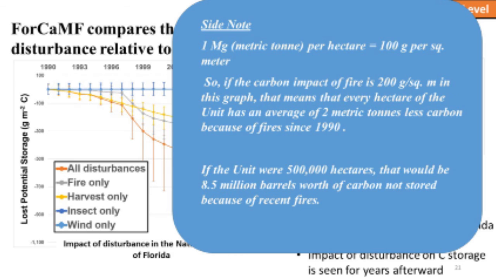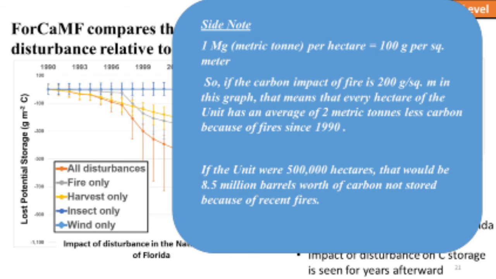So, using the conversions to petroleum impact, for instance, that I showed in the first video, if the unit was 500,000 hectares, which is about average, an impact of fire or harvest would be equivalent to about 8.5 million barrels worth of oil.